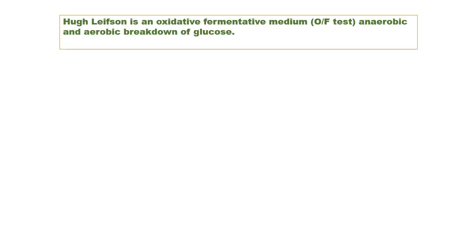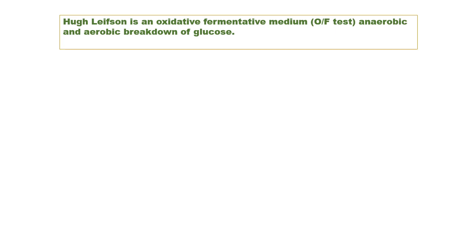One of the most important tests is the Hugh-Leifson test, which detects two important reactions. One is oxidation, or oxidative, and the other one is fermentation. So we call it oxidative fermentation. The media is designed in such a way that it can show us whether oxidation or fermentation happens. So the test is called, for short, the OF test.